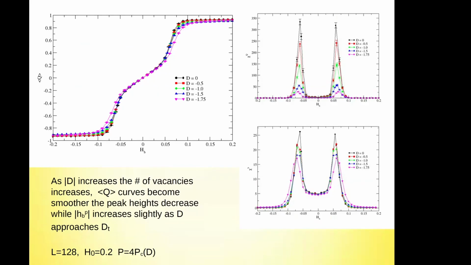In this region, for weak fields, the mechanism the system follows to track the field is multi-droplet growth. When the field is stronger, the mechanism is single droplet. So this is the origin of the peaks.